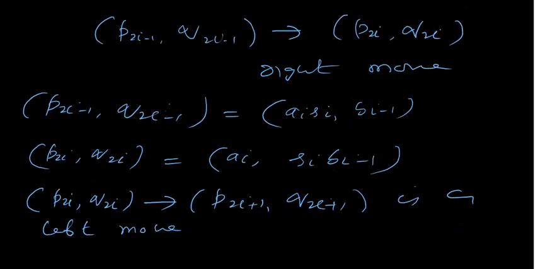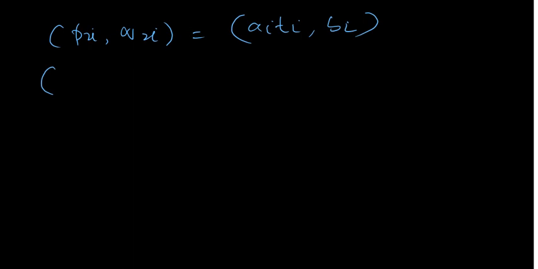It's a left move. That means P2I Q2I is equal to AI TI BI, and then this P2I plus 1 Q2I plus 1, this will move from... okay, it's not the right move, it's a left move. So again I want to see it here.